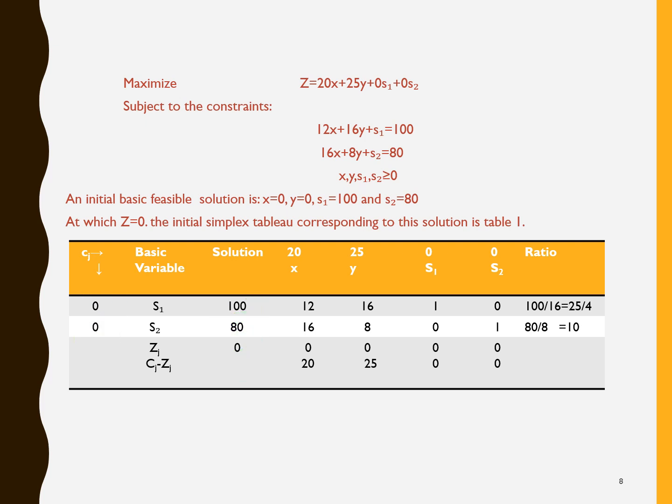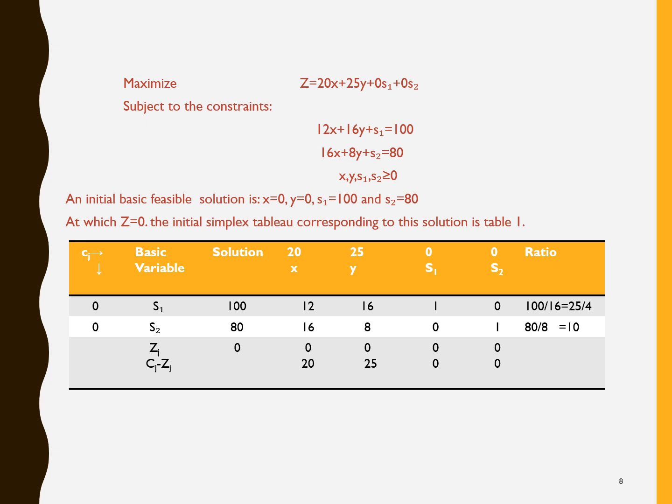Similarly, we can proceed for the x column. We multiply this 12 by 0 and add 0 into 16. So again we have a total of 0. We will have the same total of 0. Why? Because we are multiplying these respective values by a given 0. So multiplying anything by 0 would certainly yield a 0.